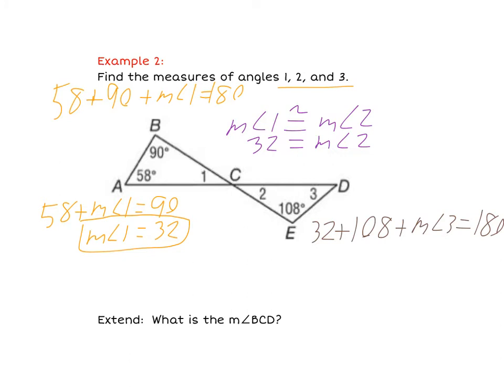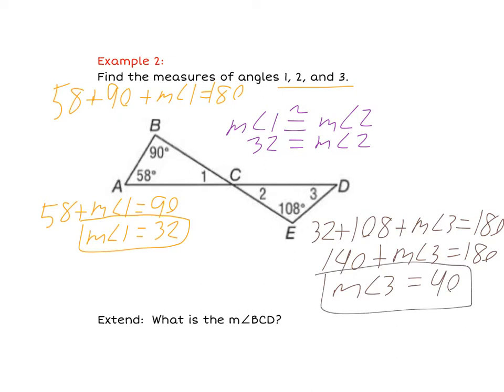Combine our like terms, we get 140 plus the measurement of angle 3 is equal to 180, or the measurement of angle 3 is equal to 40. So we have found all 3 of our measurements of our angles.